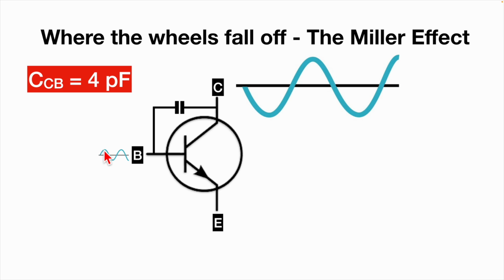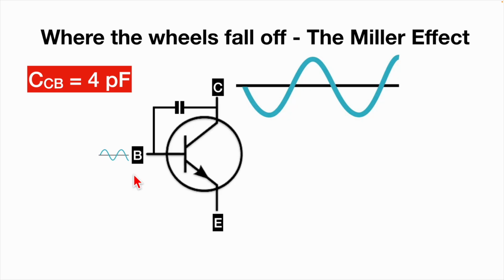The peak here corresponds to the trough here, and the trough here corresponds to the peak here. So in other words, the output is 180 degrees out of phase with the input, and that's because a common emitter amplifier is an inverting amplifier. Big deal, we all know that.